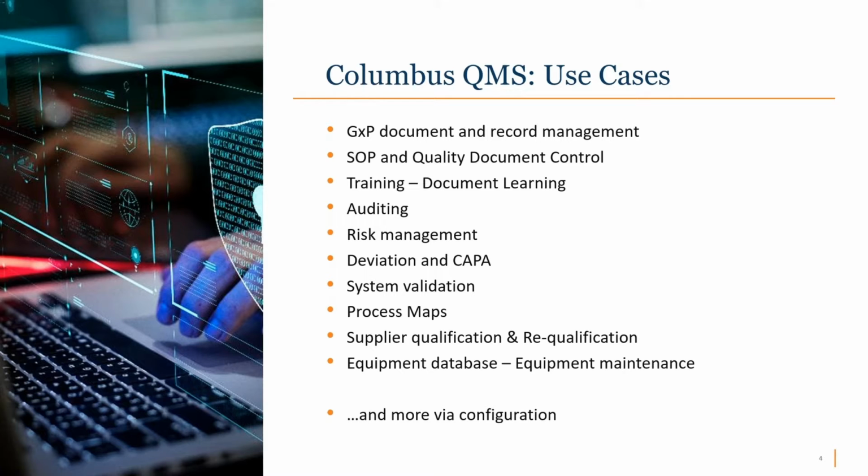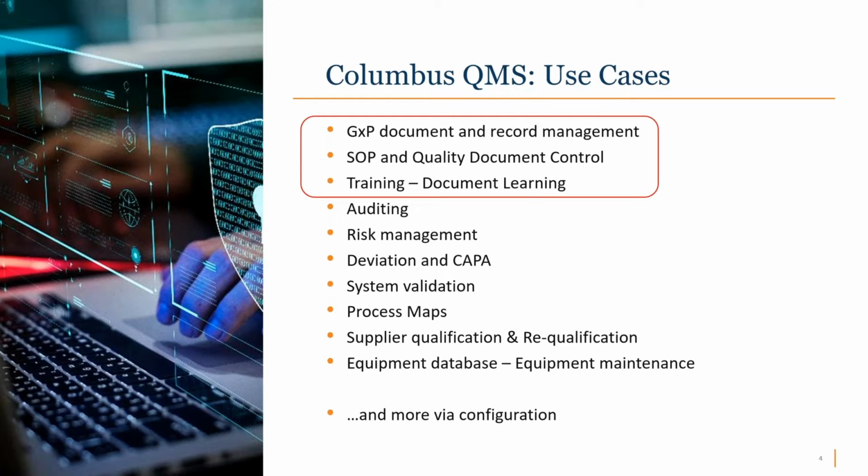And as it is a platform, much more is possible via configuration. So it is a good idea to ask us if you have cases which are not listed here. Then we can give you an idea how that could be implemented in Columbus QMS.